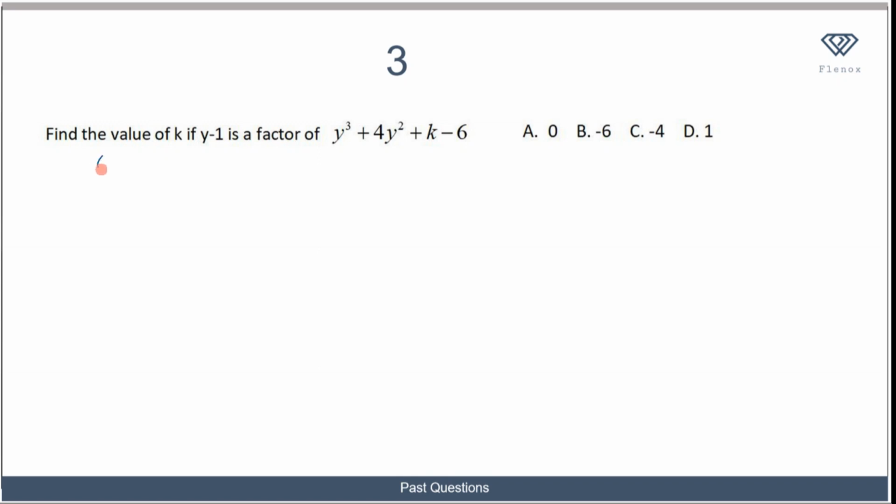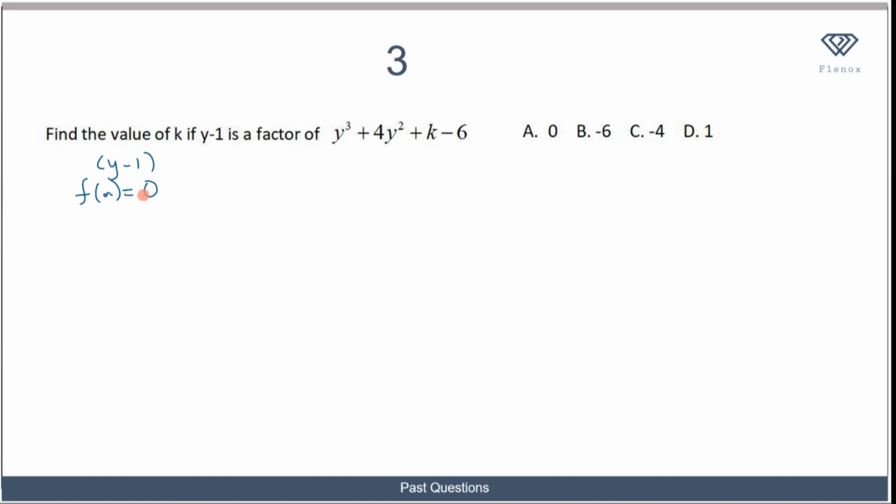If you remember our remainder theorem, we said that if a number a is a factor and you find f of a, the remainder is going to be equal to 0. So when you put a factor or a root into a polynomial, the remainder equals 0.